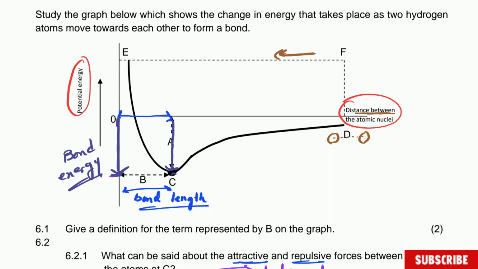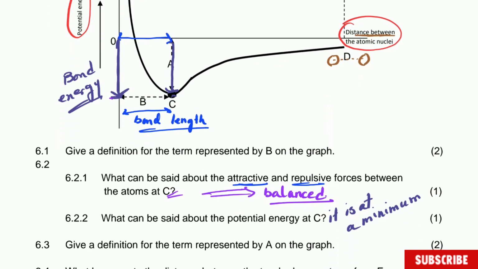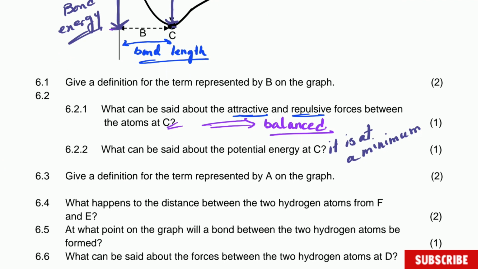They are too far. But when they are at this point here at E, they are extremely close to each other. They came too close, they cross each other here, and the repulsive forces are too strong because they are too close to each other, so the bond cannot form either. But that is not the question. The question said what happened to the distance, so the distance decreases.